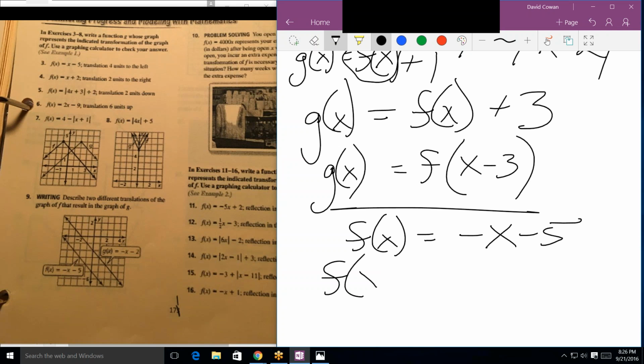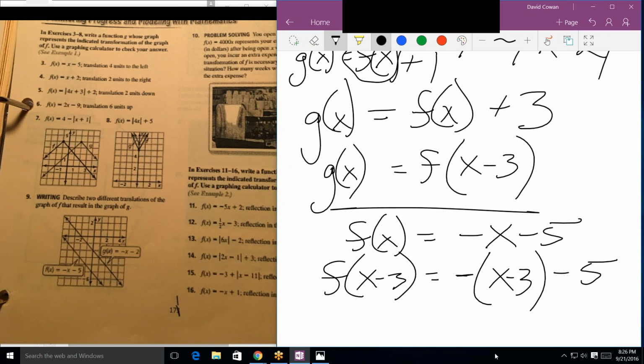So what is f of x minus 3? The x's would just be minus x. Plug it in for x. Use parentheses. Minus x and -5, or -3. Exactly.